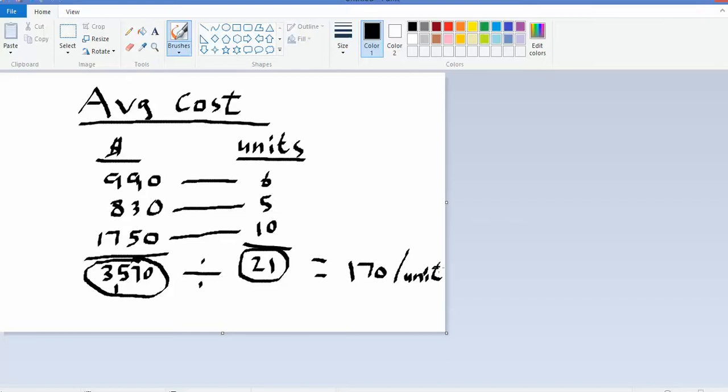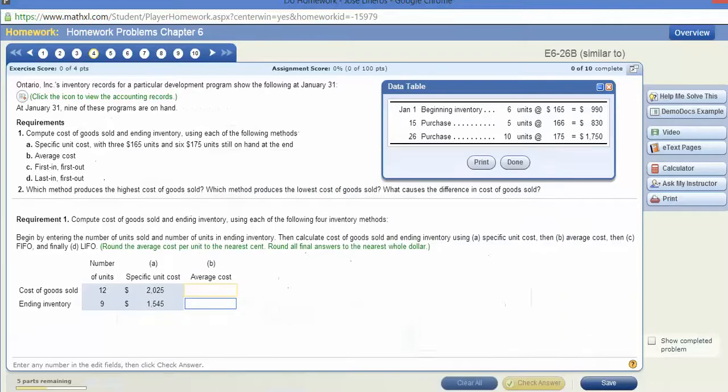This is really the hardest part of the calculation. If you can master this, if you can add the total number of dollars available for sale and the total number of units available for sale before considering any kind of sales, it's pretty easy, because then you get the 170, and you just come over here. Let's do ending inventory because that's the easiest one.